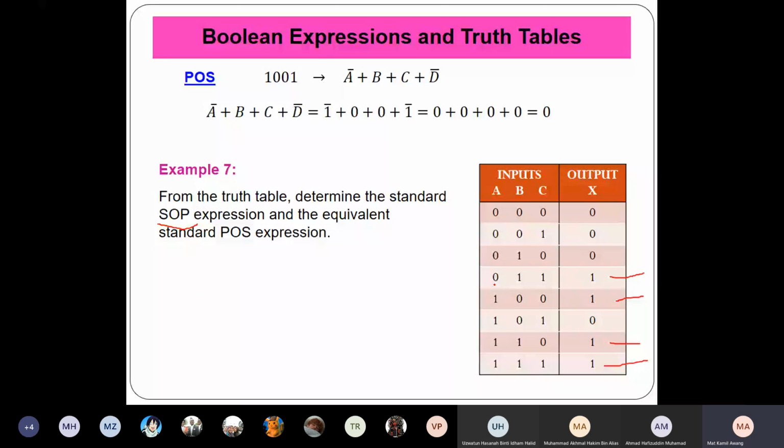Basically you have A bar B C plus A B bar C bar plus A B C bar plus A B C. That is for the SOP.